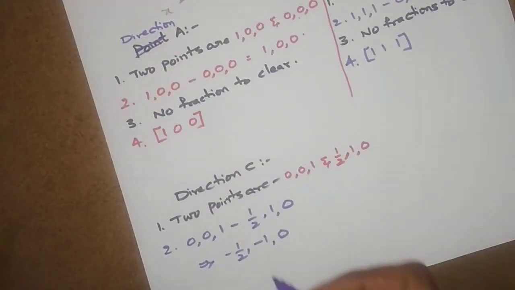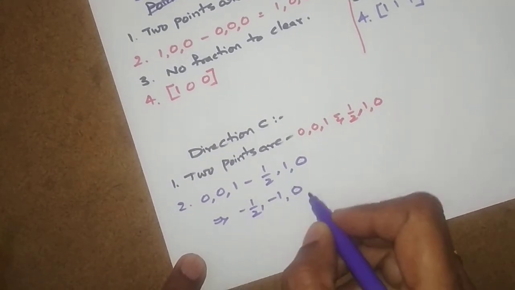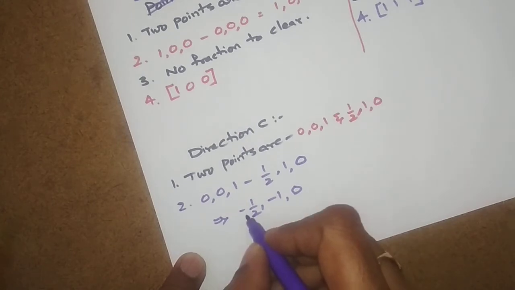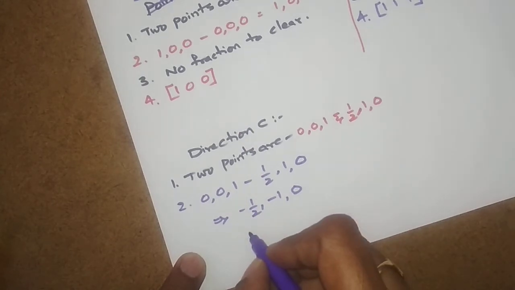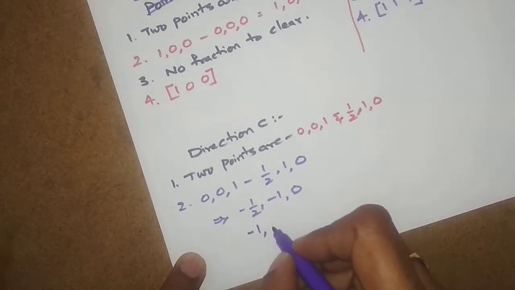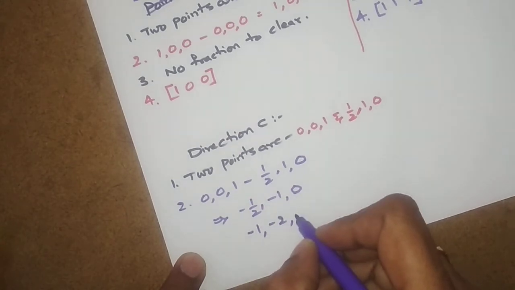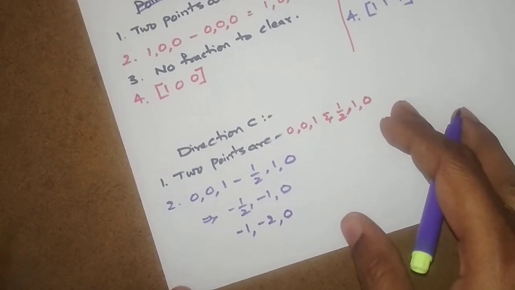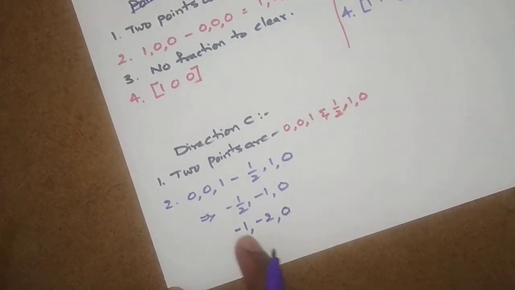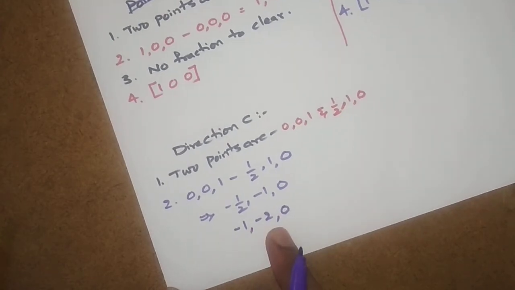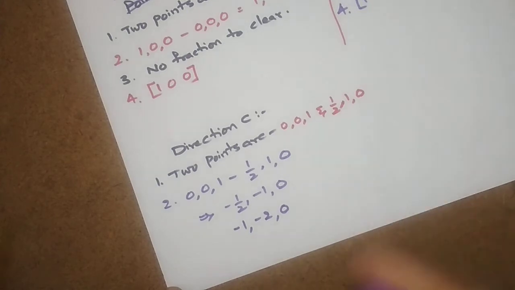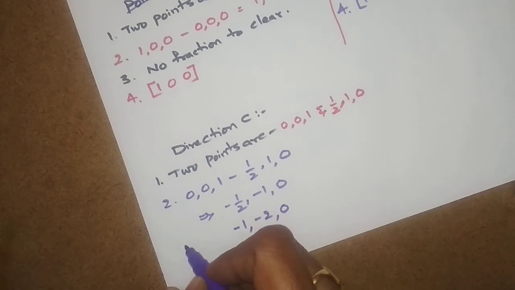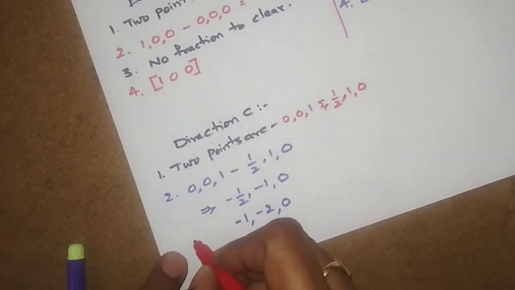If you multiply the 3 coordinates by 2, minus 1 by 2 into 2 will be minus 1, minus 1 into 2 will be minus 2, and the last will be 0.